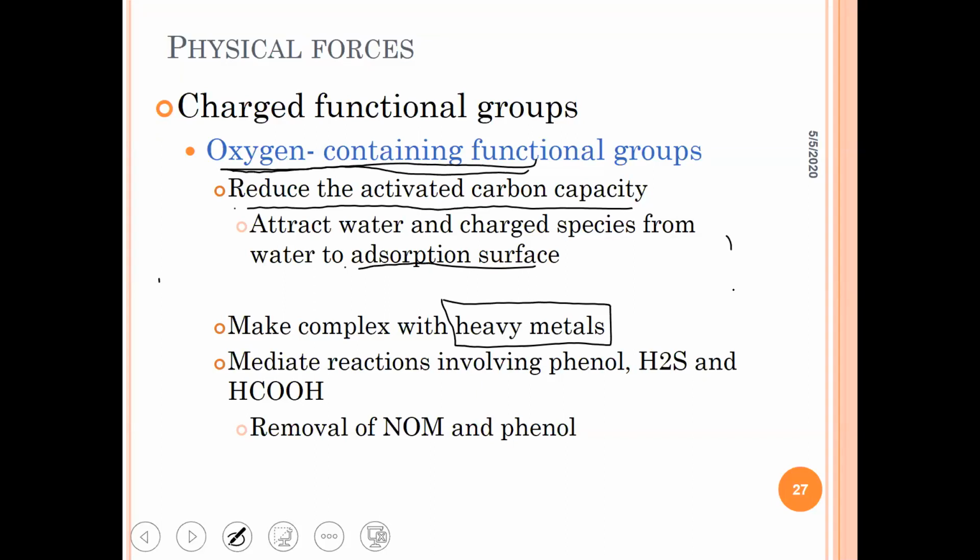So if you are developing an adsorbent which has oxygen containing functional groups, it may react with heavy metal. You can remove heavy metal using such an adsorbent, and it can also remove hydrogen sulfide or phenol or natural organic matter.